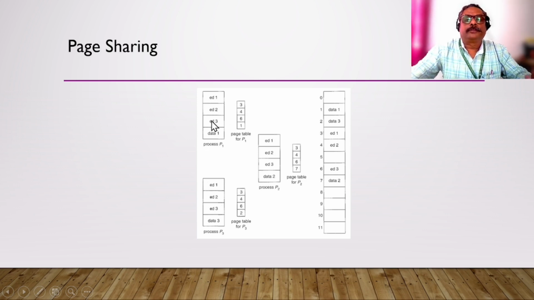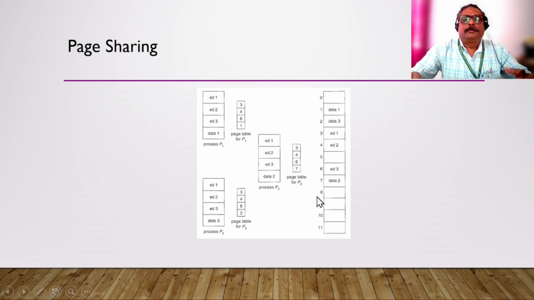Whenever we want to use editor 3, it goes to frame 6, whether it is done by process 1, process 2 or process 3. The only difference is that if process 1 is working, it works only with data 1, if process 2 is working, it works with data 2, which is in frame 7, and if process 3 is working, it works with data 3, which is in frame 2.